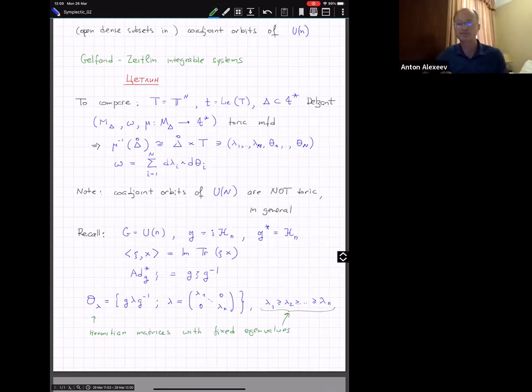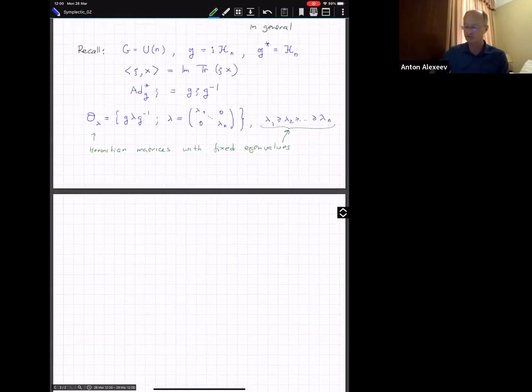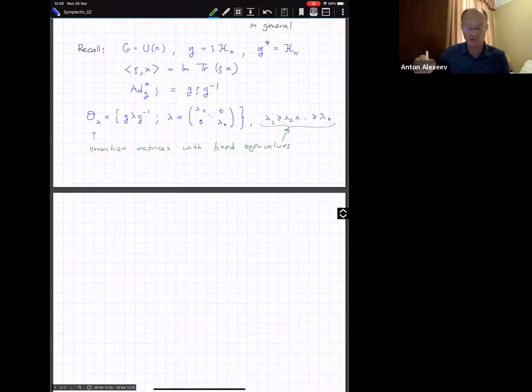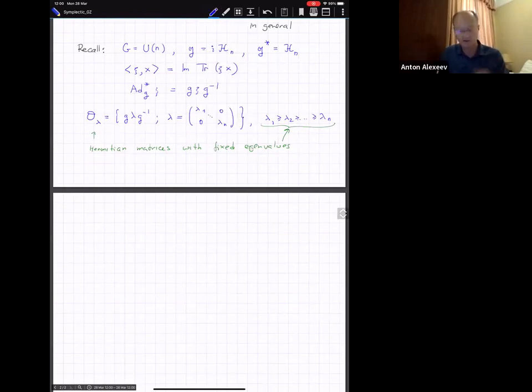Now, just to recall the two form. So we'll need the two form on the orbit. And sorry, I probably again mixed up notation and signs, who knows? So we have the projection from the group to O lambda, which is mapping the group element to the g conjugate of lambda.